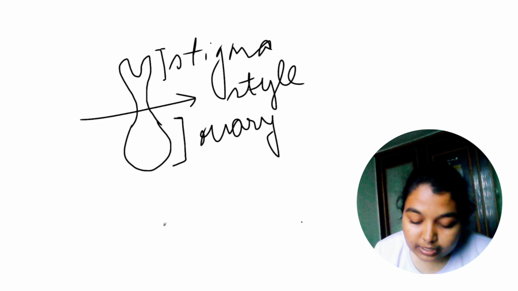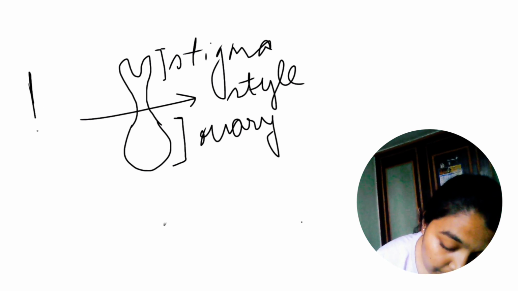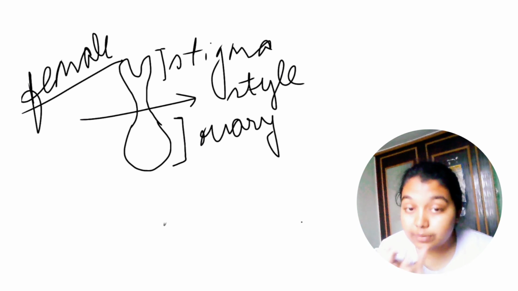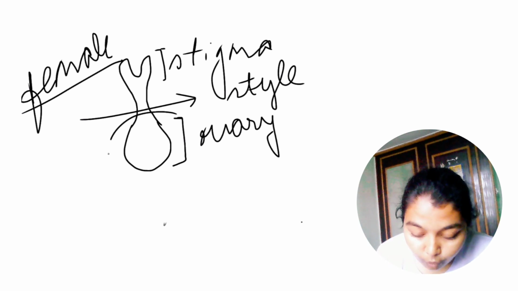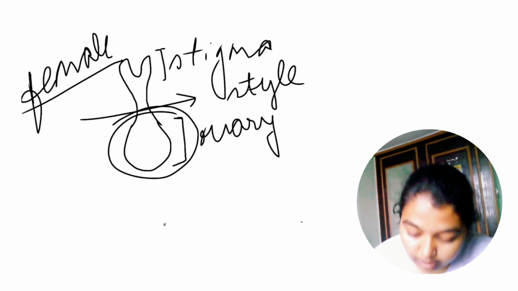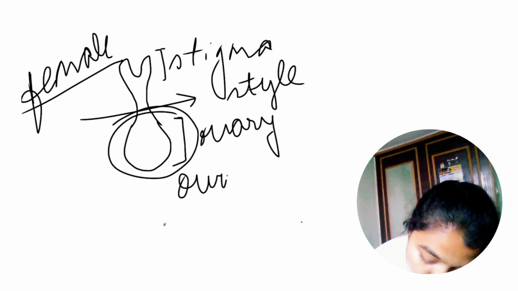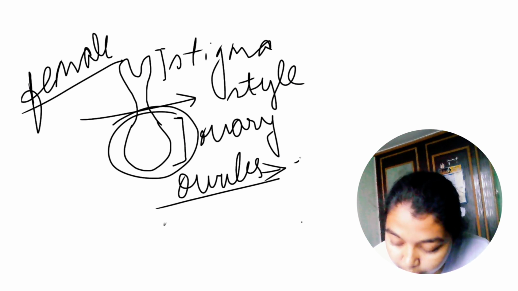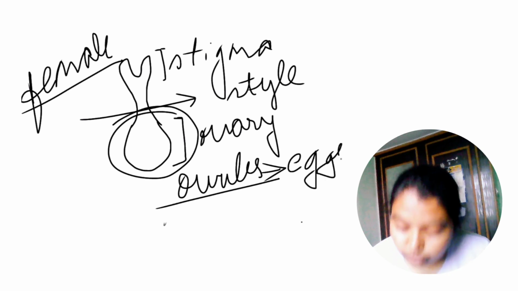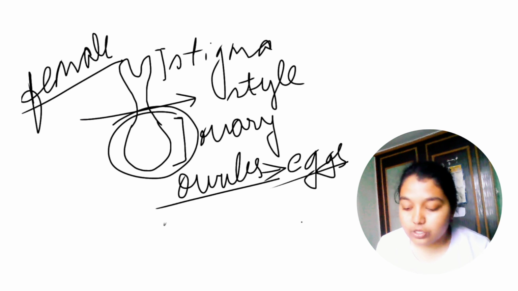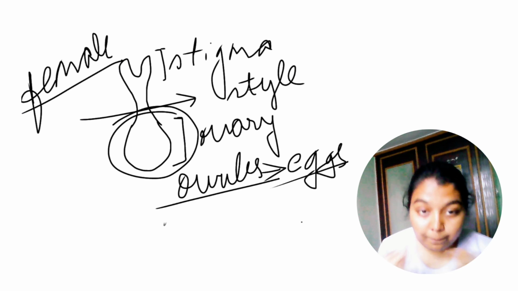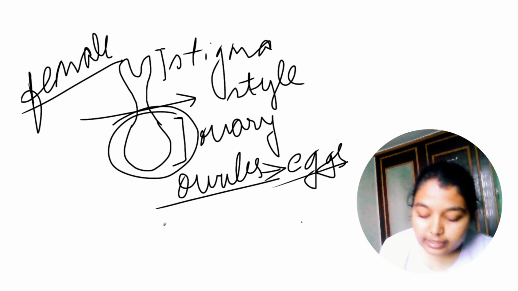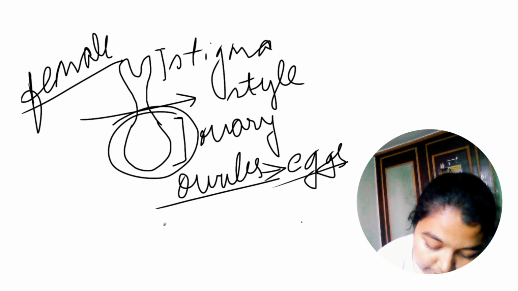Below the ovary part are the ovules. The ovules are made up of eggs, similar to the human reproductive structure. When this egg combines with the pollen from the male reproductive organ, they form a zygote.